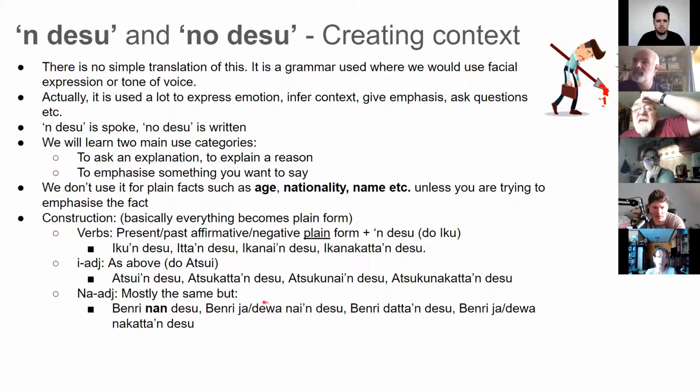You can use either of these. Dewa is slightly more polite. Ja is a bit more casual. For it was convenient, this would be Benri datta in the plain form. So we go from Benri deshita to Benri datta. And again, just put the n at the end, Benri dattandes. And then the same thing for the past negative, Benri janakattandes or Benri dewanakattandes.